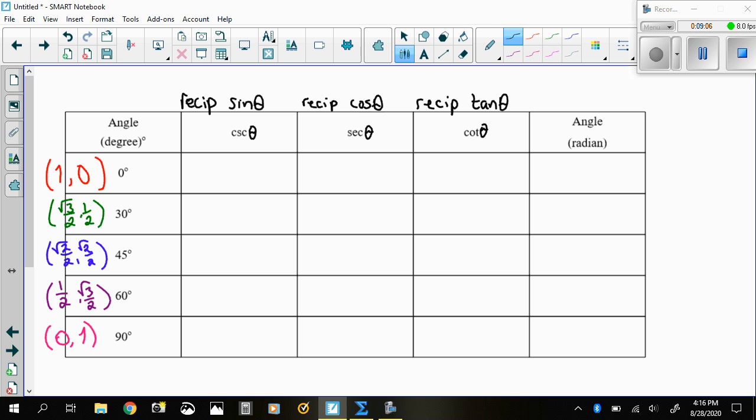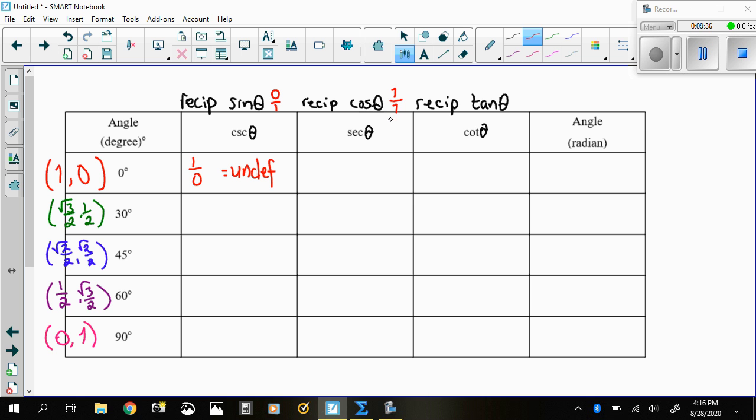Okay, so since sine on this one was 0, that would be 0 over 1. So to do the reciprocal of this, you would have 1 over 0, or undefined. So the cosecant is undefined at 0 when sine was 0 there. And cosine is 1, and as a whole number, 1 over 1.